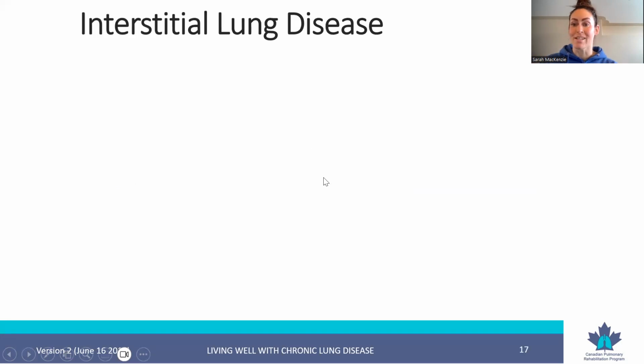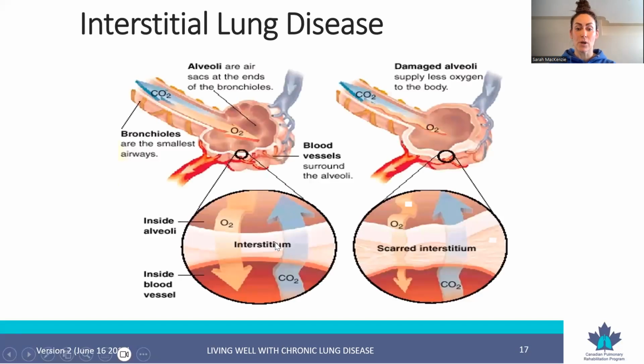So let's break down some of these now. Interstitial lung disease. So what we're looking at here is a cross-section of the single cell layer of your alveoli. This is called the interstitium. Okay, so this is where oxygen transfers into the blood and carbon dioxide transfers back into the alveoli for that breath out.